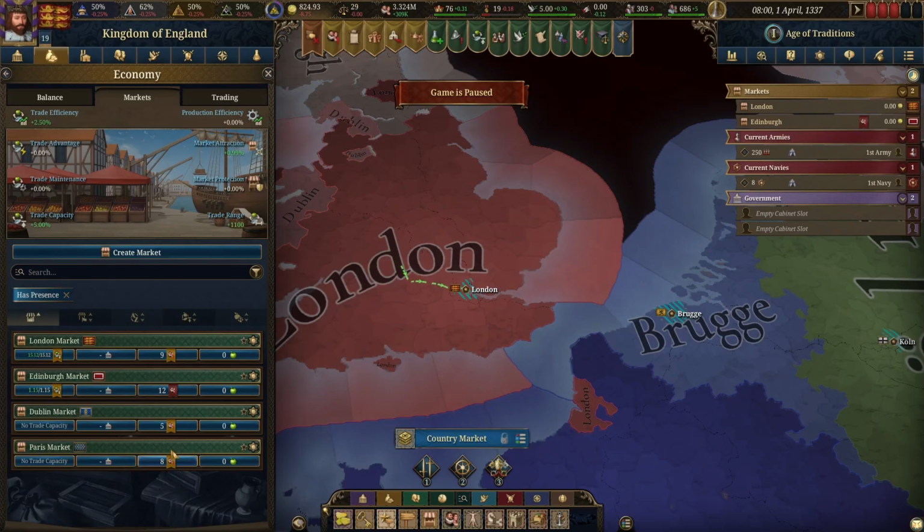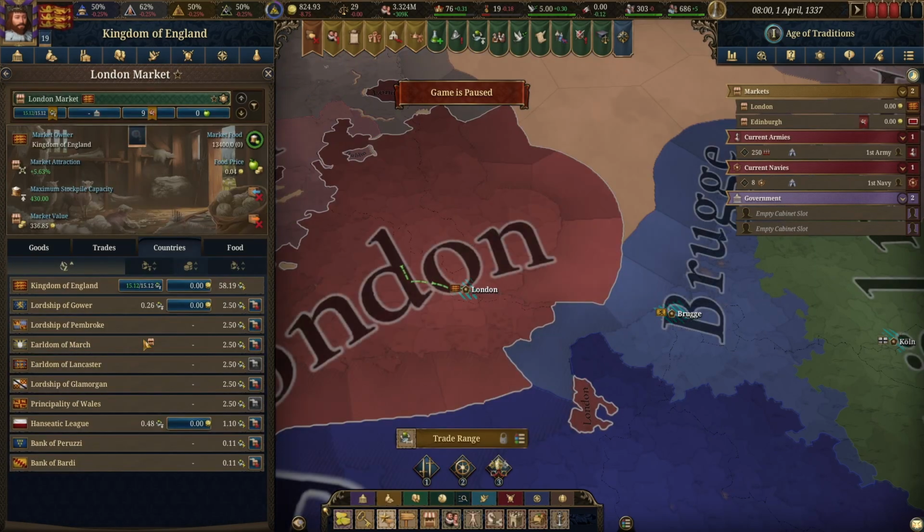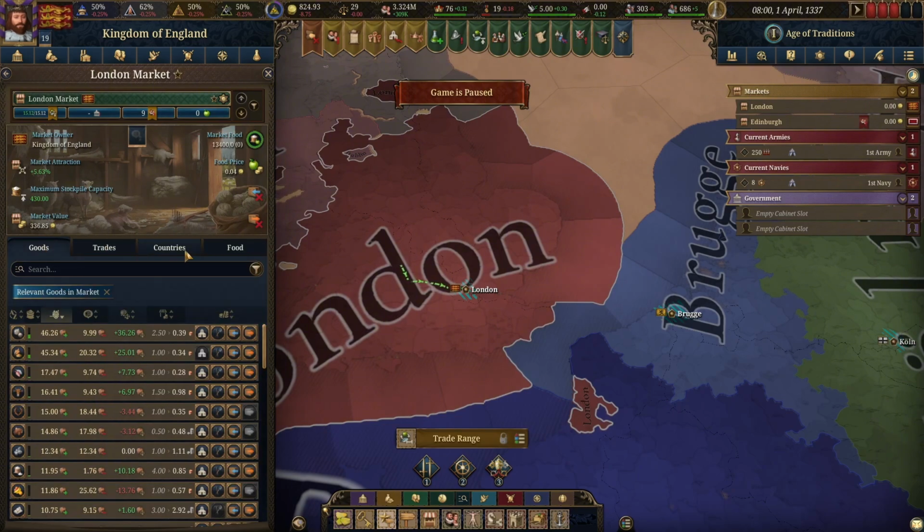Now let's look at the actual goods produced by our market. If I go to goods here, remember, first dibs for goods goes first to your building needs and population needs. Then whatever is left over goes into your stockpile and is available for trading.